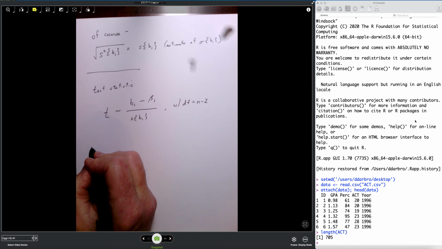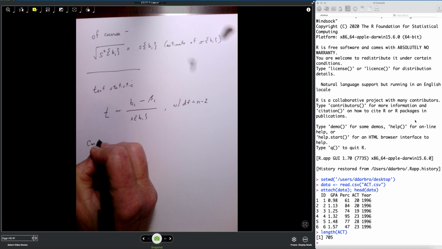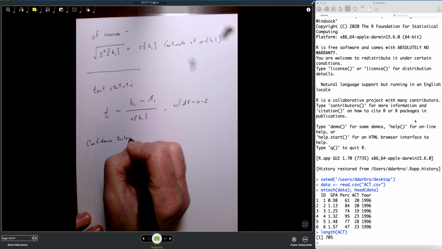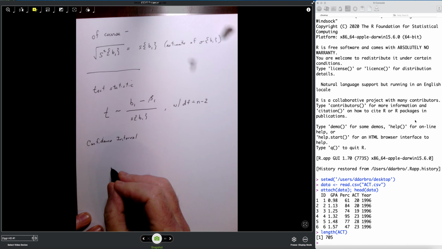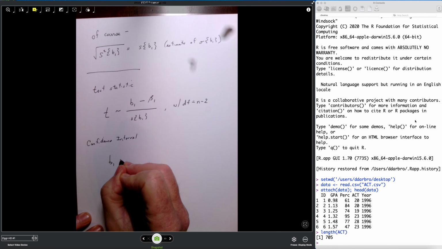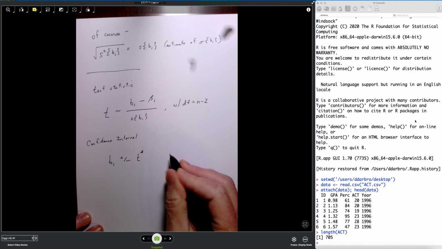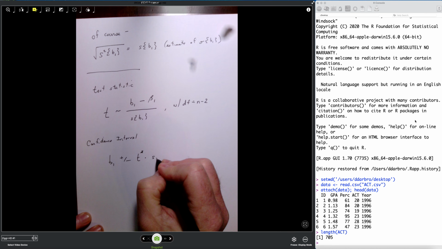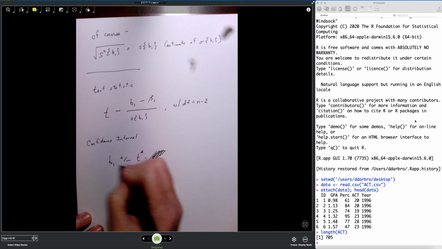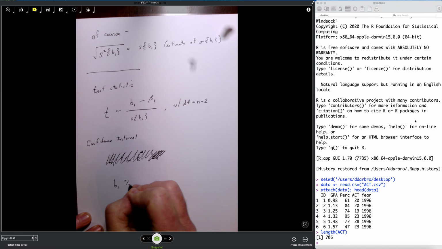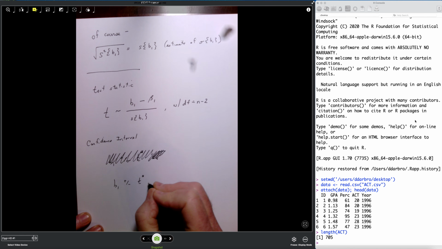It follows that the confidence interval can be calculated by taking B1 plus or minus the t critical times S for B1.